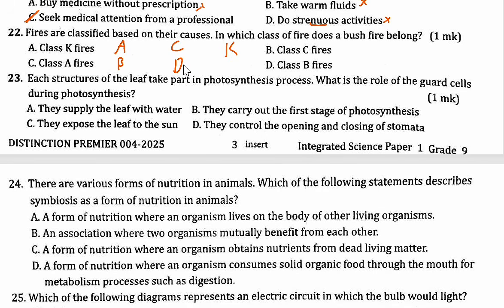Fire caused by dangerous metals such as magnesium. K, the last one, stands for kitchen fire, caused by things like cooking fats, cooking oil, etc. So you look at which class of fire a bush fire belongs to. End of the day, we have wood there, we get ash, and therefore it belongs to class A.